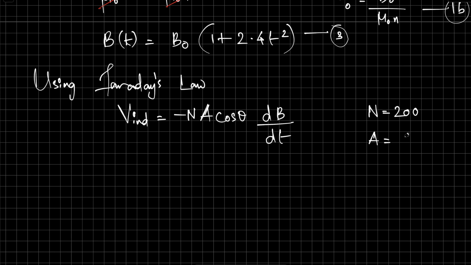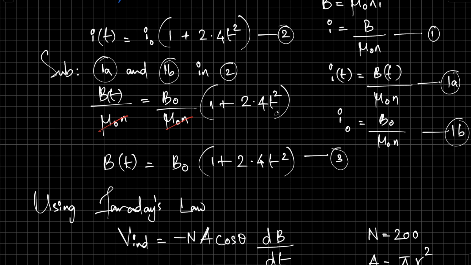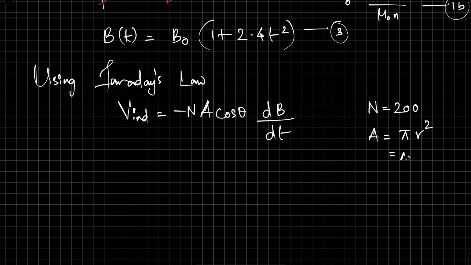Area is pi r square. R is 3.4 centimeter, so pi times 3.4. We need to convert centimeter to meter, so multiply with 10 to the power minus 2, the whole square. That is 3.63 times 10 to the power minus 3 meter square. Theta equals 0, so cos 0 is 1.